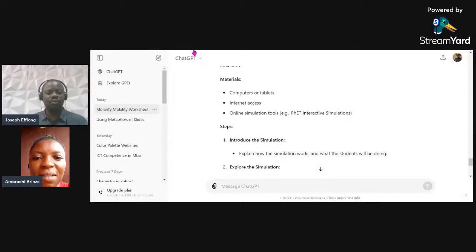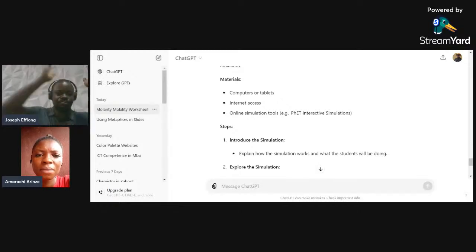ChatGPT works well with specificity. When you specify that Amarachi is from Ebonyi State and Amarachi wants to cook oha soup, can you explain in detail the step-by-step process to preparing oha soup?